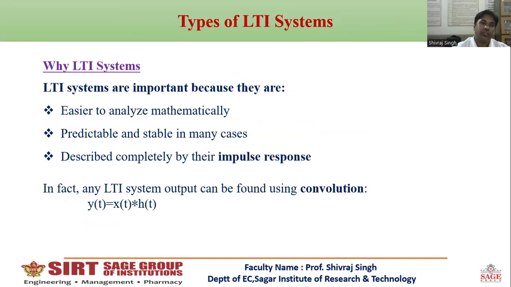Why do we use LTI systems? LTI systems are important because they are easy to analyze mathematically. Second, they are predictable and stable in many cases, and described completely by the impulse response. The impulse response is generally represented by the convolution integral, or convolution summation.